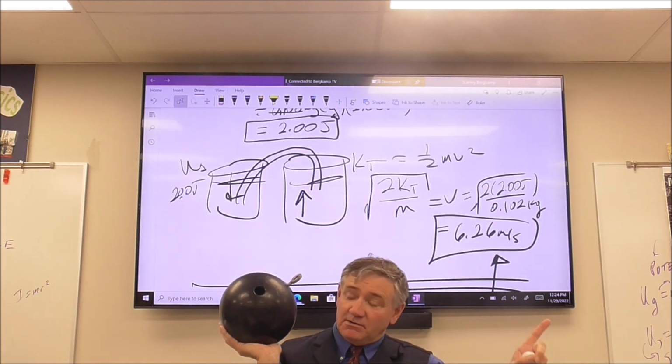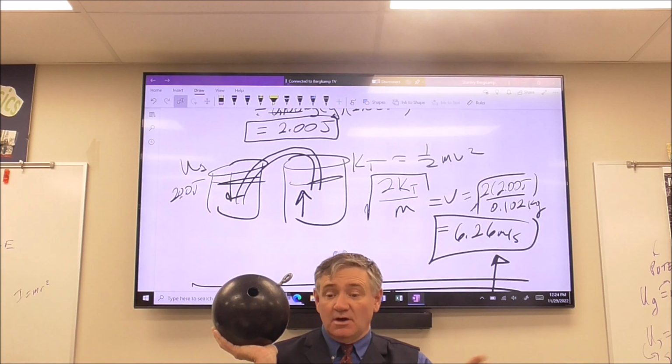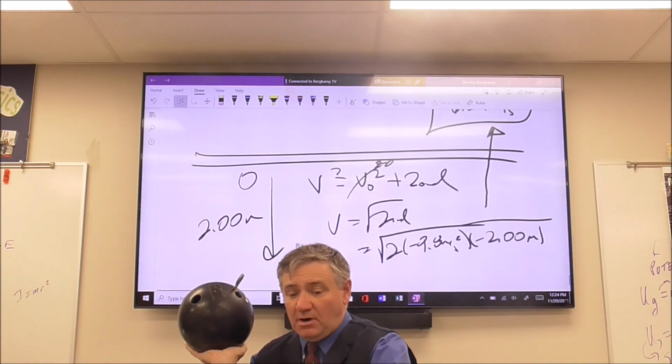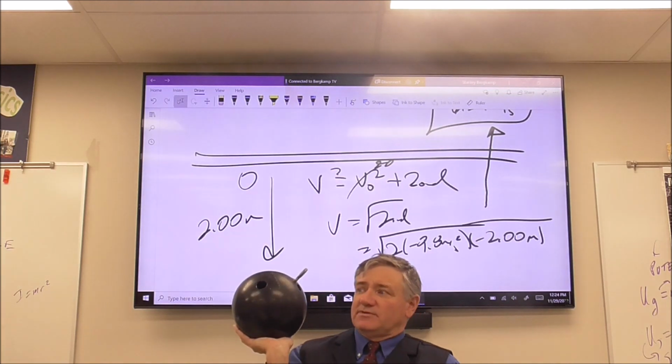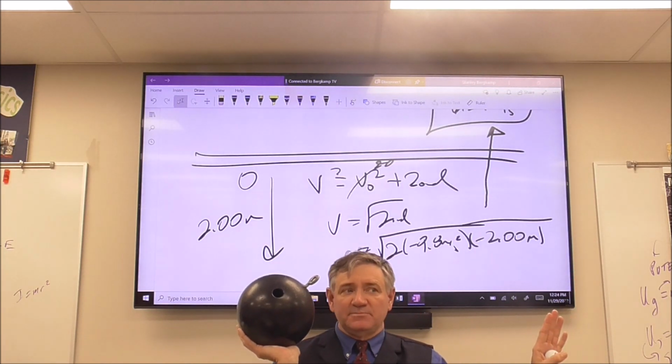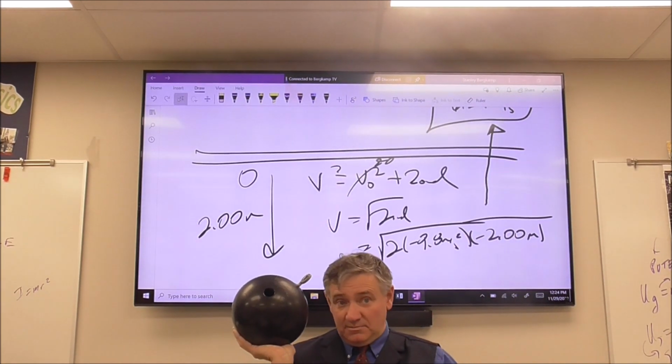But I don't have to have the mass to do the kinematic equations. So whether it's Gary the golf ball or Hank the elephant, it doesn't make any difference. The velocity calculations aren't dependent upon mass. The energy calculations are dependent upon mass.